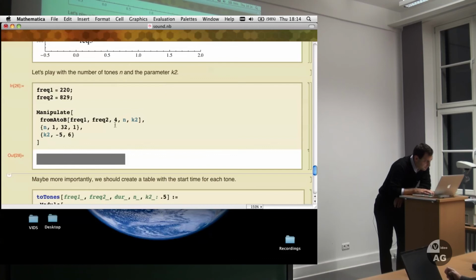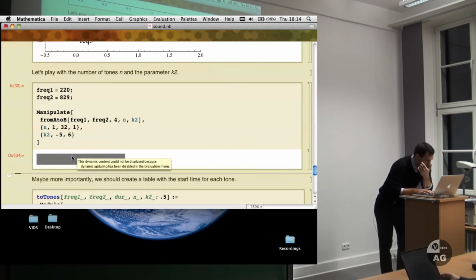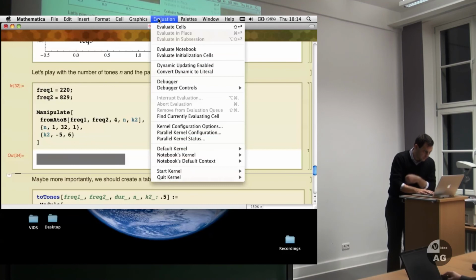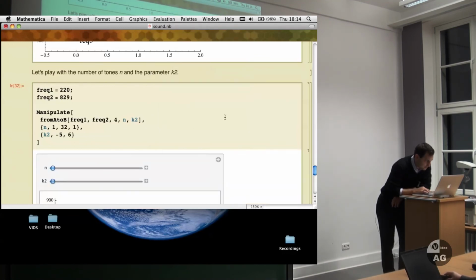Why Manipulate is not working with me today? Who told you that dynamic updating has been disabled? Dynamic updating, okay.